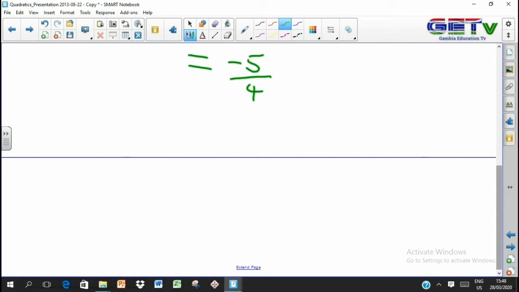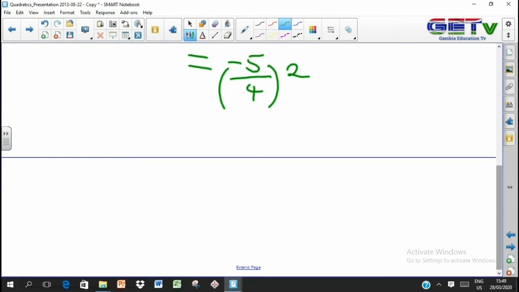The next rule that you learned was you square the result. After squaring the result, what are you going to do with it? The rules say we add it to both sides of the equation, that is to the left-hand side and to the right-hand side.